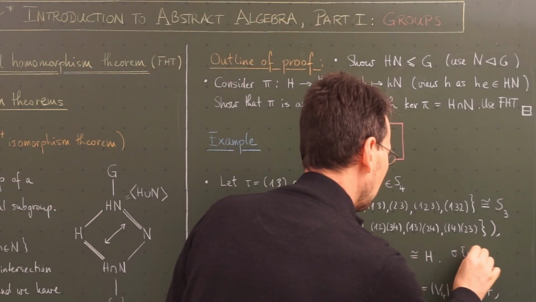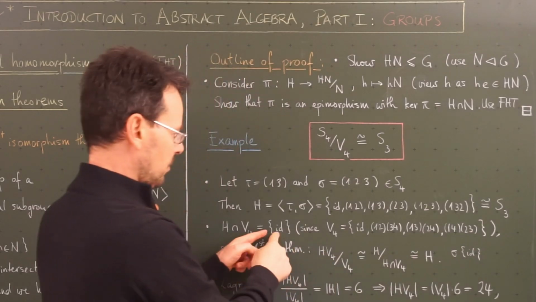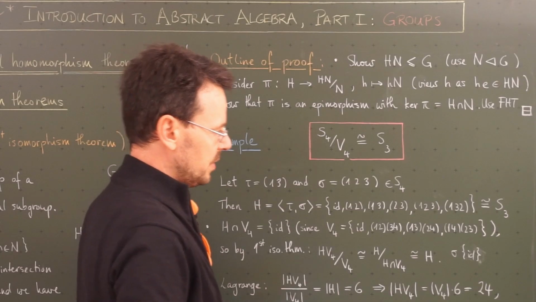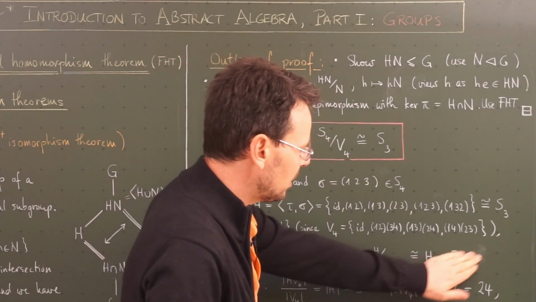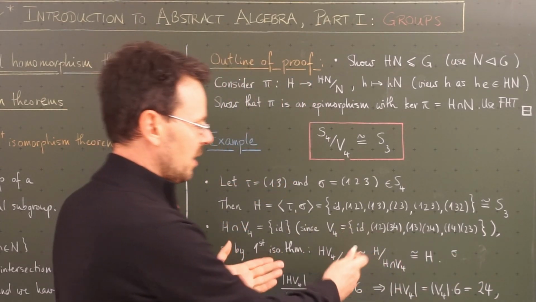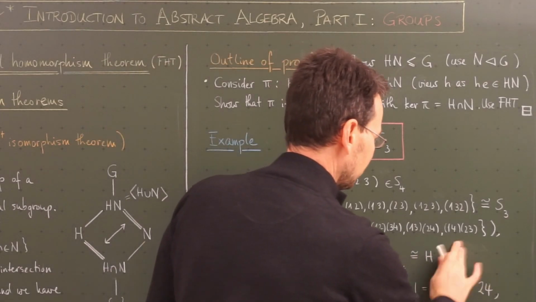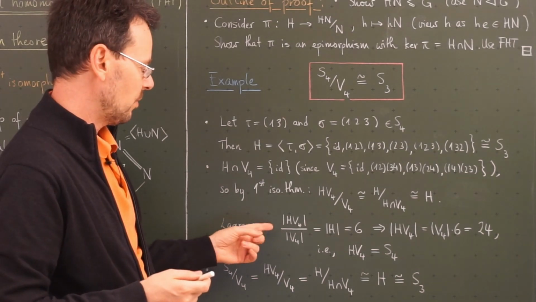Sigma times V4, because this here is the trivial intersection. So by simply cancelling this here and mapping this to sigma, I have my isomorphism between this factor group and H itself. Okay, now we apply Lagrange's theorem.